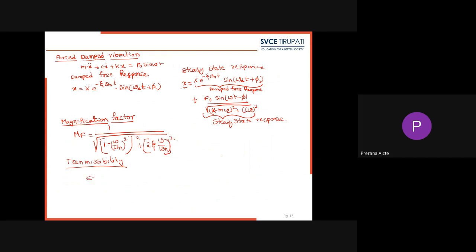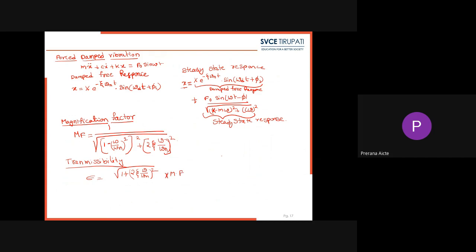That is represented with epsilon, and it is 1 plus 2 epsilon omega by omega n whole square divided by the denominator term, or maybe multiplied again with MF.